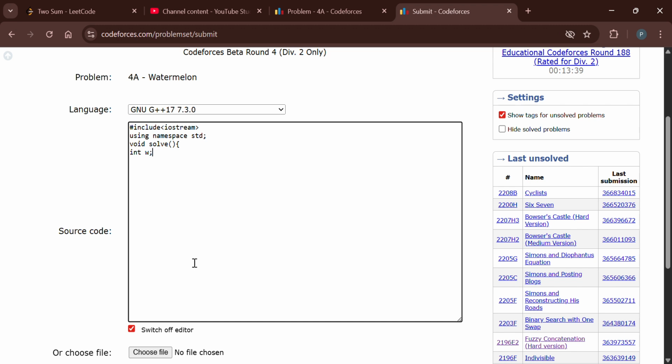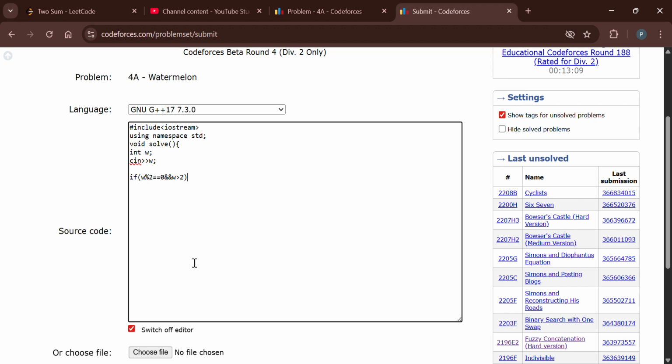We have to read the integer w, which is the weight of the watermelon. Then the main condition: the weight of the watermelon must be even, that means its remainder is 0 when divided by 2, modulo of 2 is 0. And weight greater than 2.